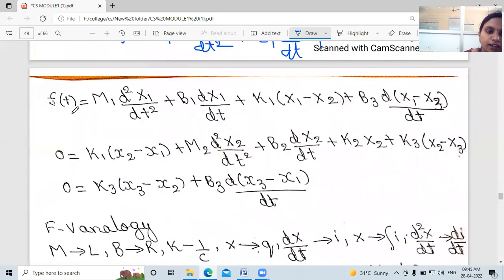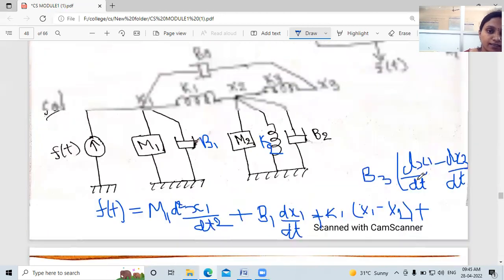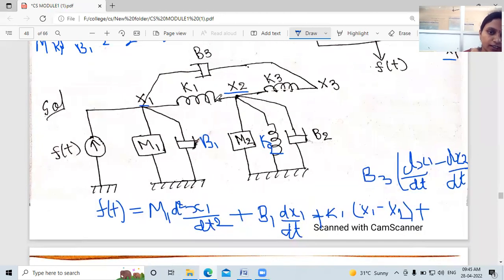That is what I have written here: F of t is equal to m1 d square x1 divided by dt square plus b1 dx1 by dt plus k1 into x1 minus x2 plus b3 d(x1 minus x3) divided by dt. Next is for the second, x2. What are the elements connected? K1. So what can you write here? K1 into x2 minus x1, and 0 is equal to, because there is no force connected for x2.